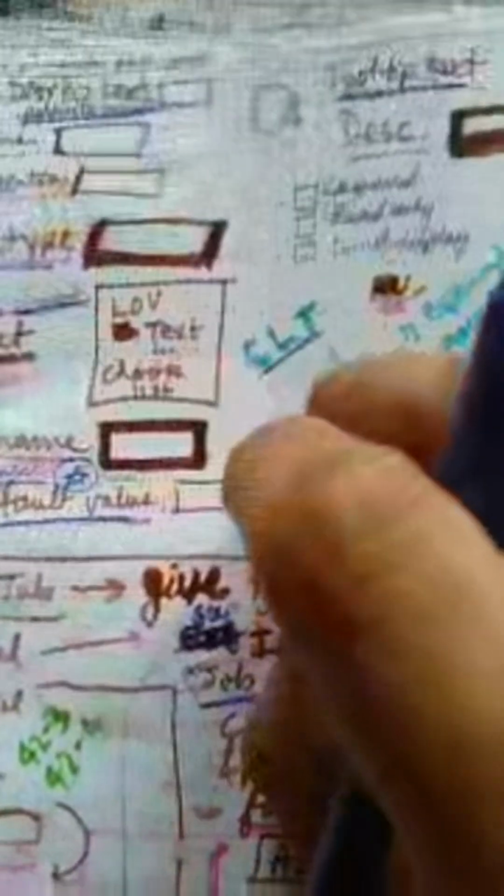So that would be the display text. Apart from that, there will be tooltip text. Tooltip text is nothing but a pop-up which shows what needs to be entered, or any description kind of thing. So there is a tooltip text, there is a display text, there is a description.